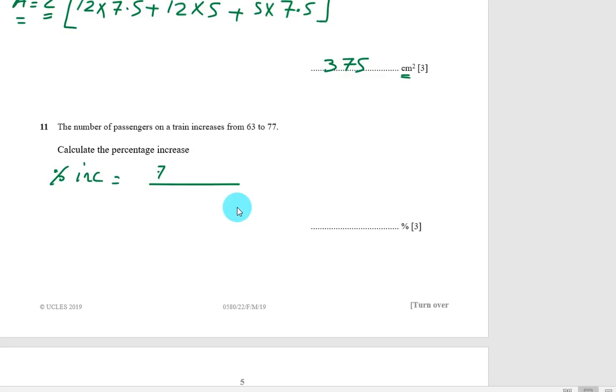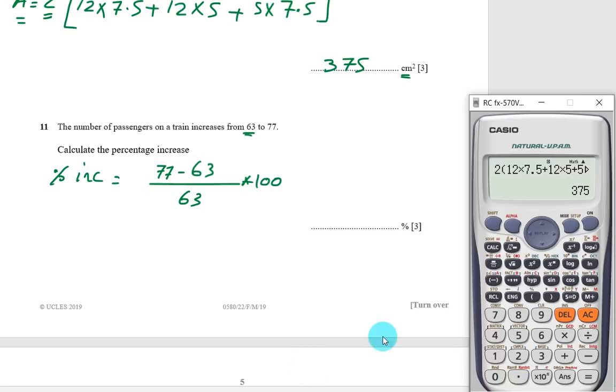The difference is 77 minus 63, divided by the original part. The original part here is 63. So of course multiply by 100 to find the percent. So the answer will be 77 minus 63 divided by 63 times 100.